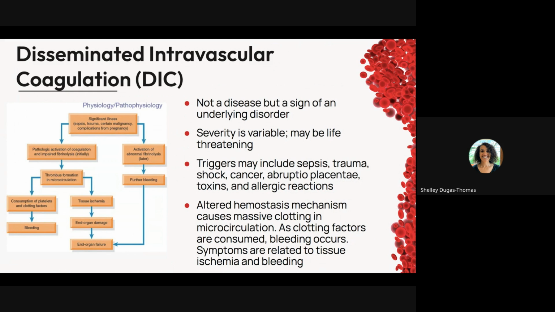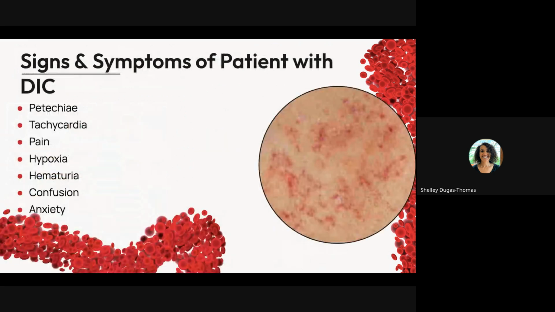Some clinical significance is severity varies, but this can come on rapidly and be very life threatening. With DIC, some of the signs and symptoms include low platelets, and you also have increased PT and APTT and thrombin time.